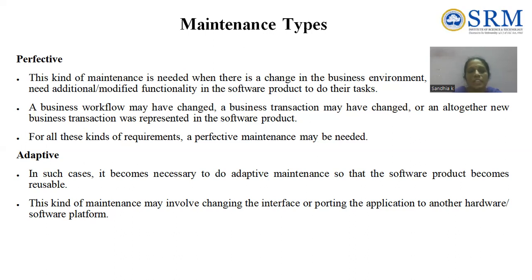It involves taking measures to prevent failures and bugs, and updating the documentation. Everything will come under perfective maintenance. Adaptive maintenance involves modifying the software system to adapt to changes in the requirements or changes in the environment, such as changes in the hardware or software, so that the product should be adaptable in nature whenever we develop it.